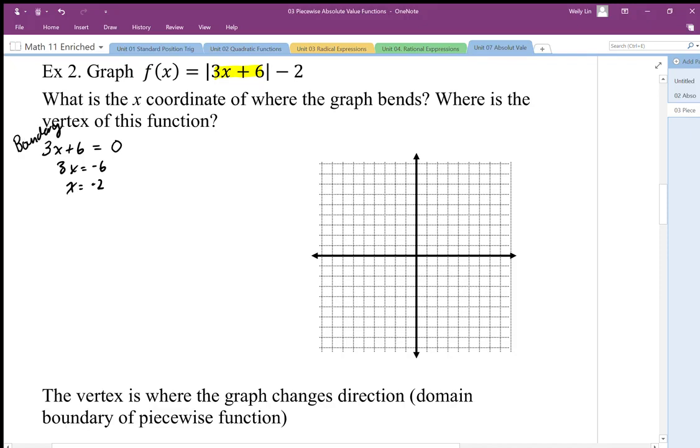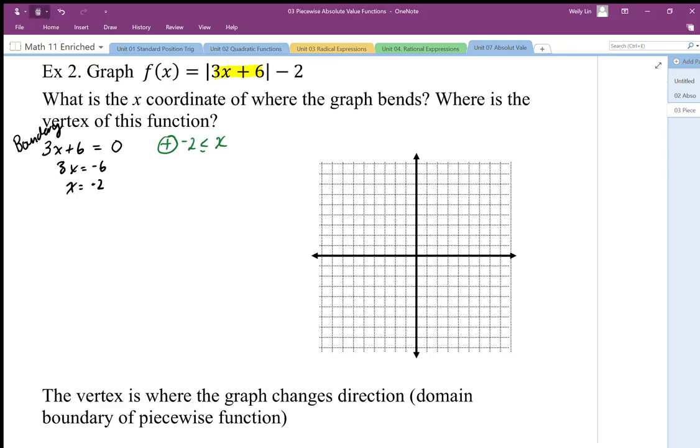And when I want the positive version, in this case I'm going to do the positive version. My positive domain is going to be when x is greater than -2.